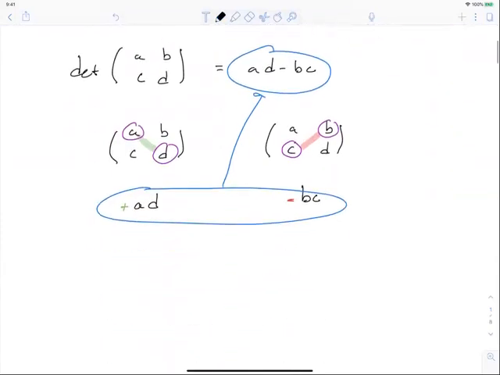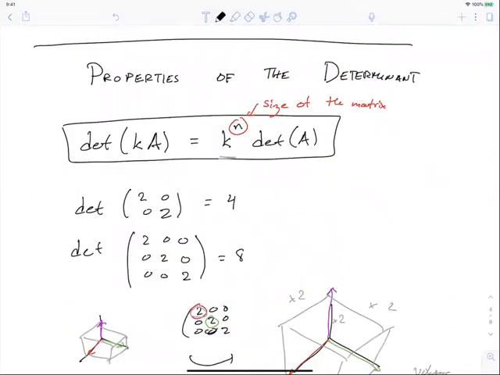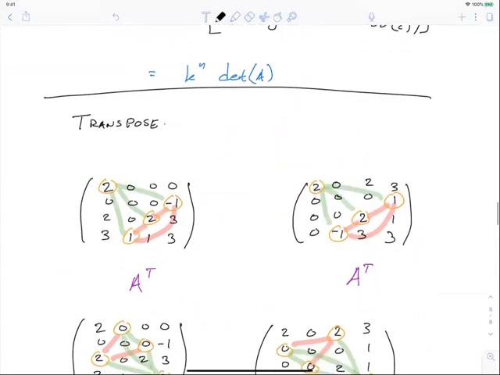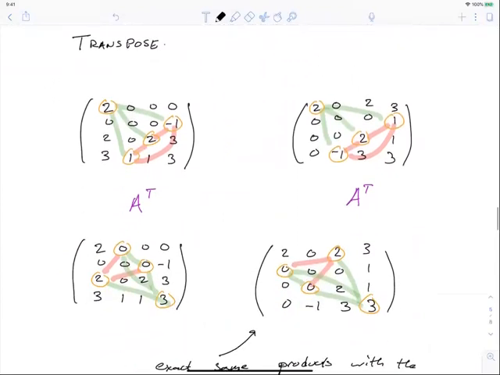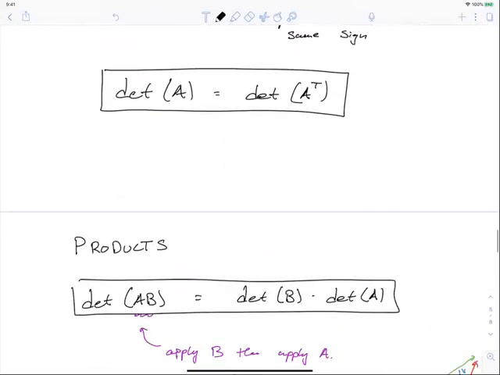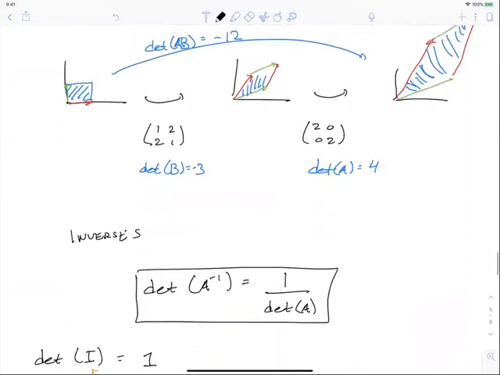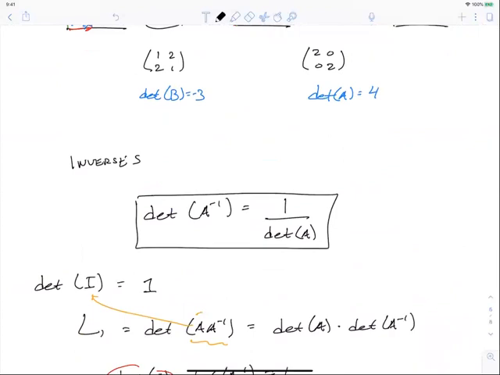And then know that there's these additional properties of the determinant down here, including if you scale it, you scale by k to the n, not k, it's k to the n. The determinant of the transpose is equal to the determinant of the original matrix. We also have the product works in a very intuitive way. And also, because of the products, the inverses work in also a very intuitive way as well.